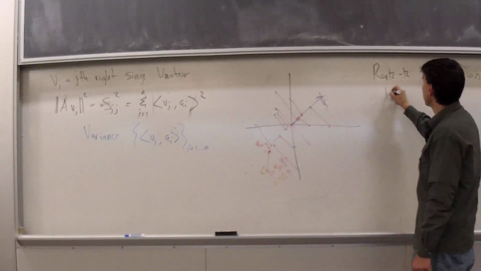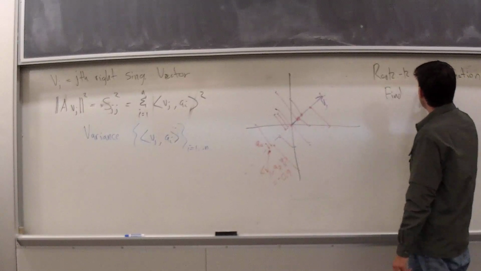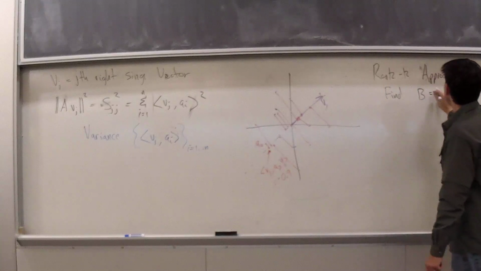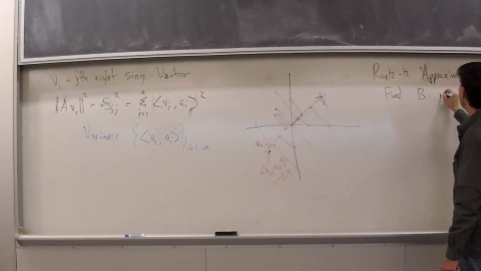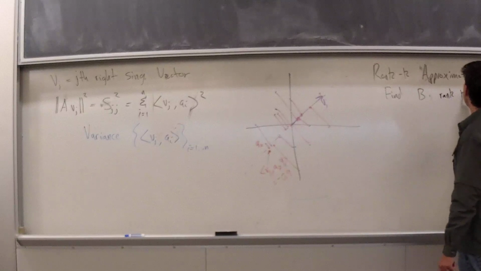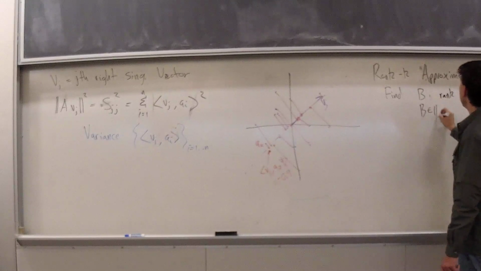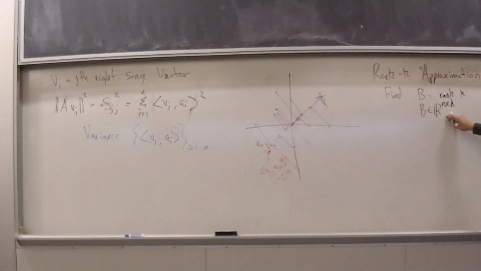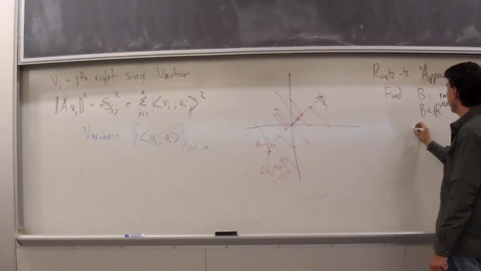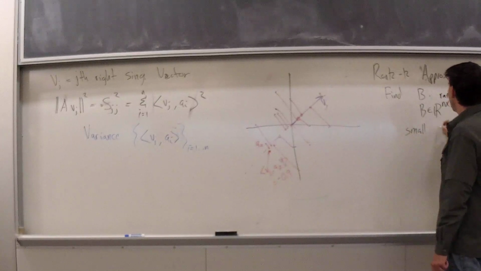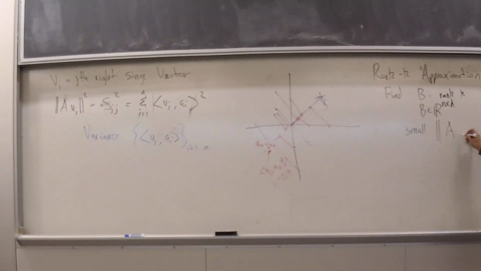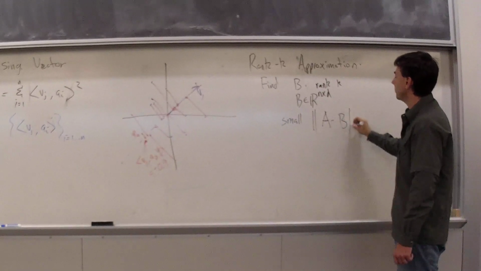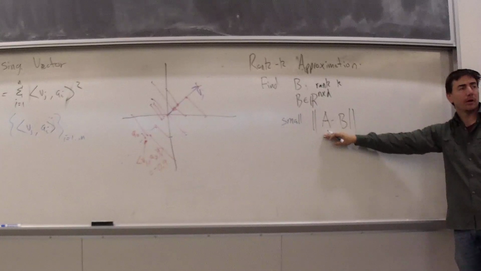I want to find a matrix B whose rank has to be k, so that it has a small norm of A minus B. They have to have the same dimensions to subtract here.